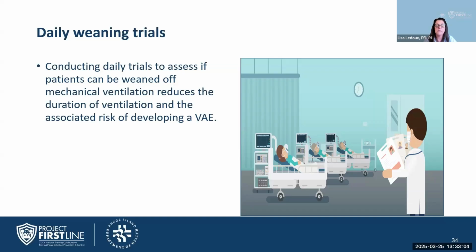It is well known that the sooner the patients are extubated, the lower their risk of developing VAP. One of the most effective ways to make sure that patients are extubated as soon as possible is to perform daily spontaneous breathing trials and extubation readiness assessments. Assess the readiness to extubate daily in patients without contraindications.